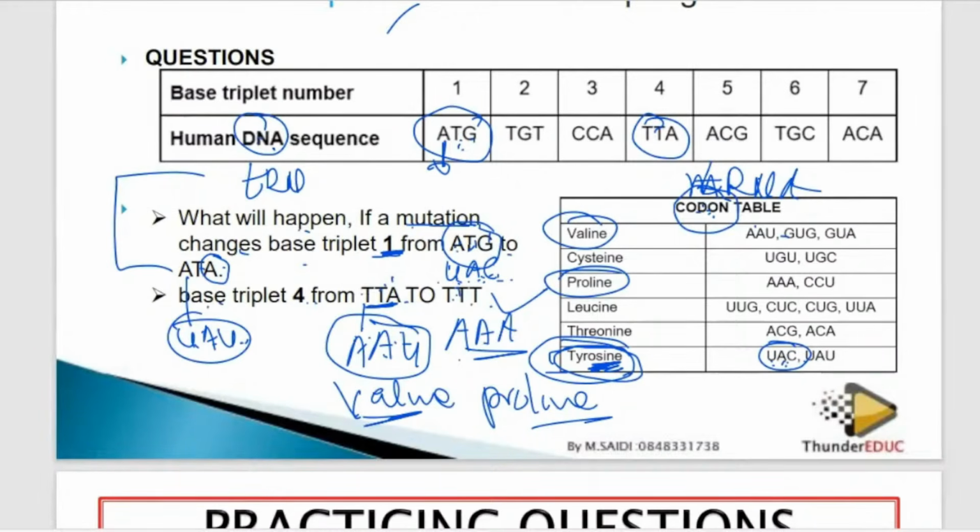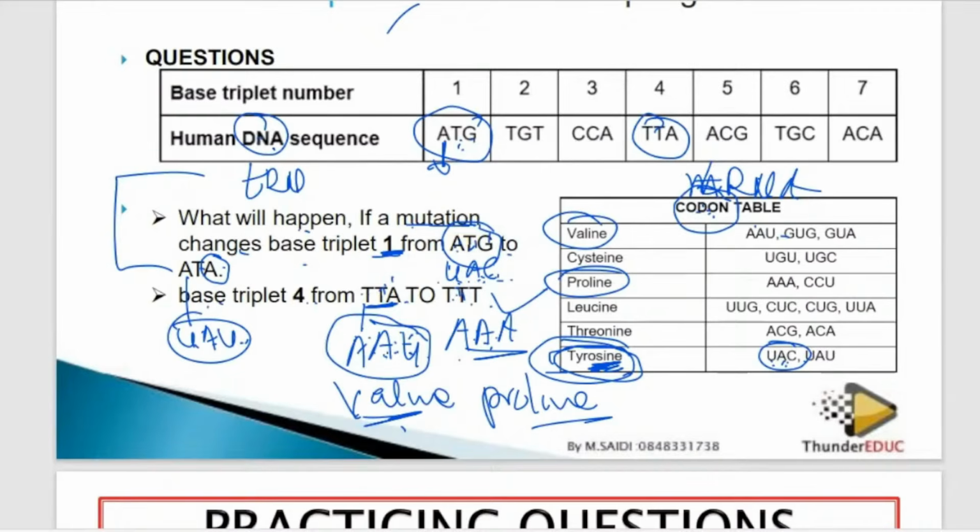You see? So this will code for valine, and this, you write in full, AAA, which codes for proline. Therefore, a different protein will be formed because of the different amino acid. That's scenario number 2.